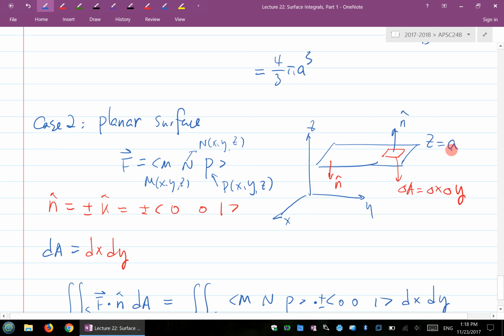You're integrating through this z equal to a. Maybe it's bounded by some boundaries, so it's some kind of region R. It depends on the question.